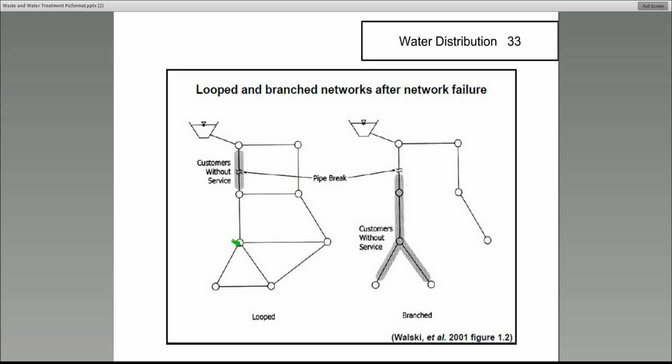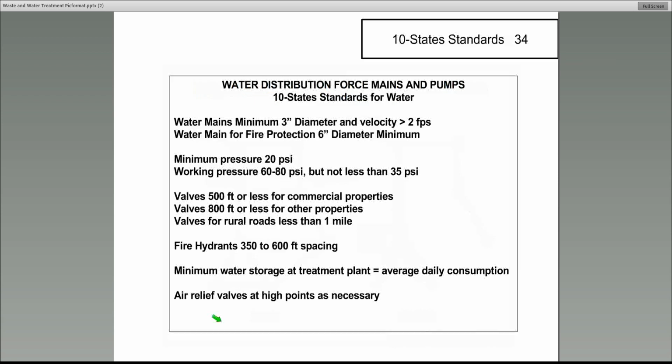You can see with the loop system, if you have a break up here, you can still supply the entire city. So in water distribution, you have to look at how the pipes are laid out and make sure you have a loop system. And this wouldn't be for small distribution lines. This would be for the larger lines.